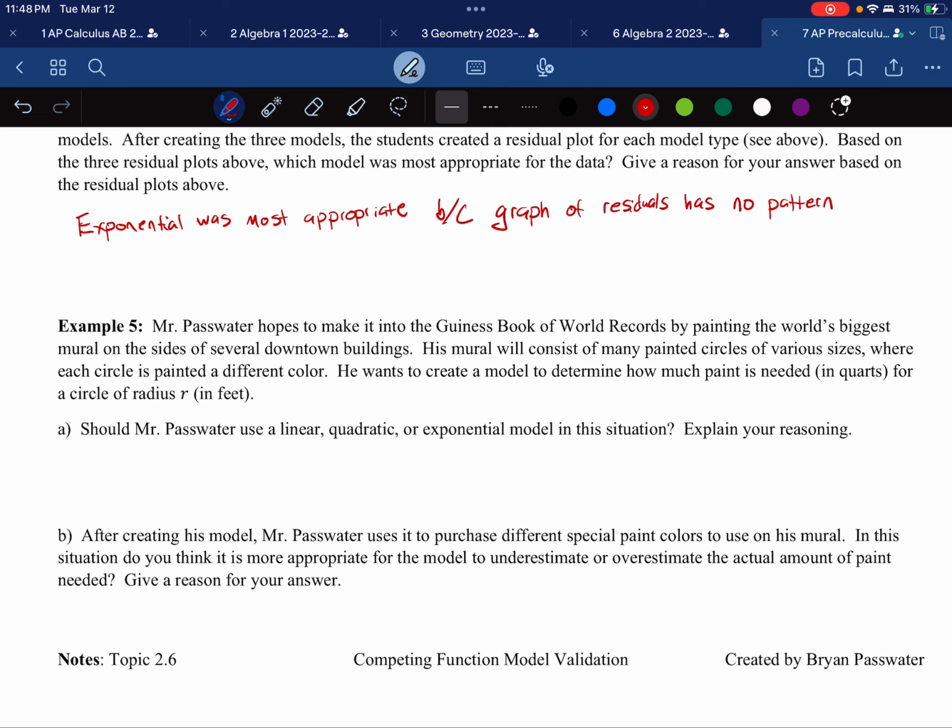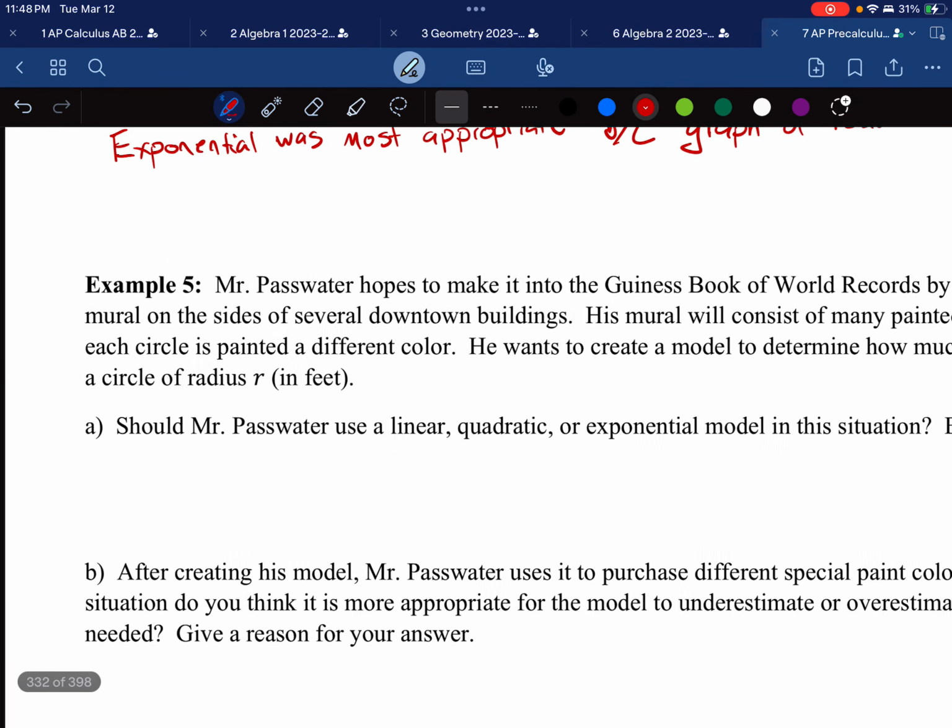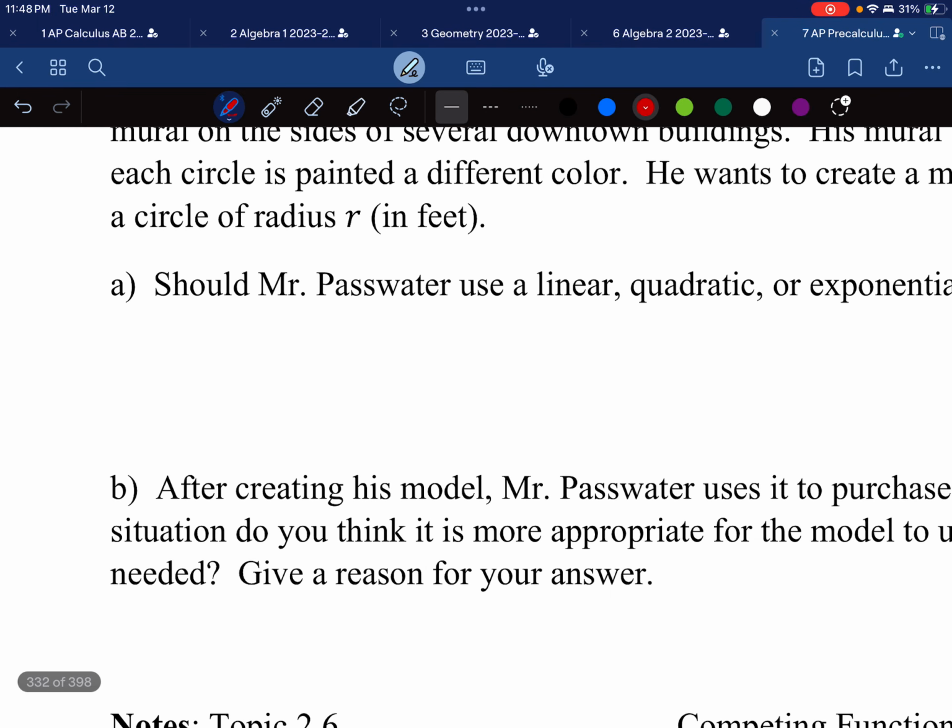There's not a lot of information aside from the fact that we are painting circles. So I know that if you're painting circles, you care about the area of the circles, and I happen to know that the area of a circle is equal to pi r squared. This is kind of the equation. I'm noticing here that this is a power of 2, therefore this is going to be a quadratic equation, and therefore it's going to be a quadratic model. So we'll say quadratic model.